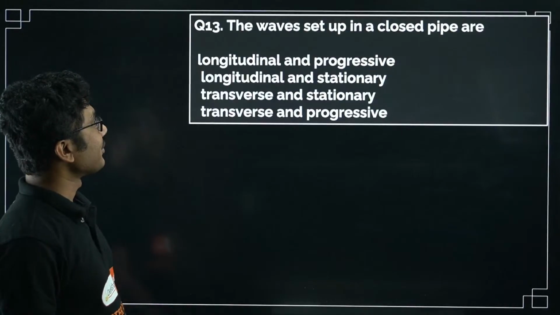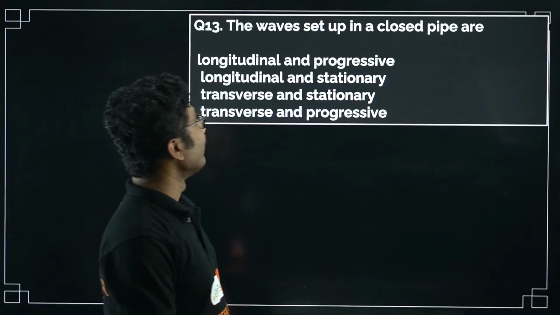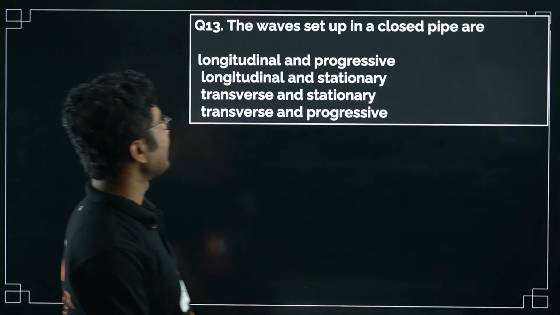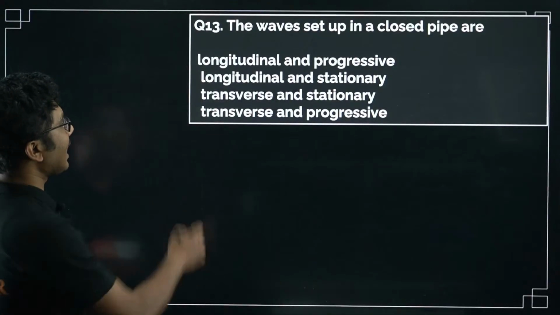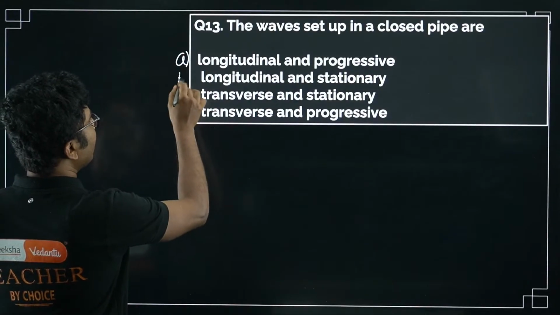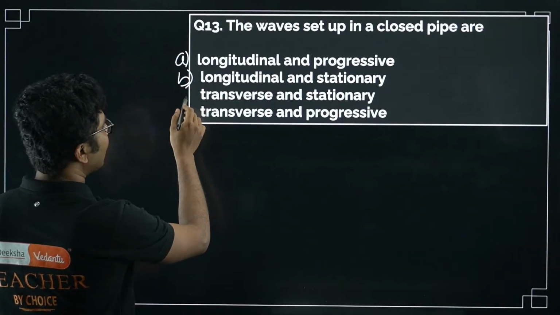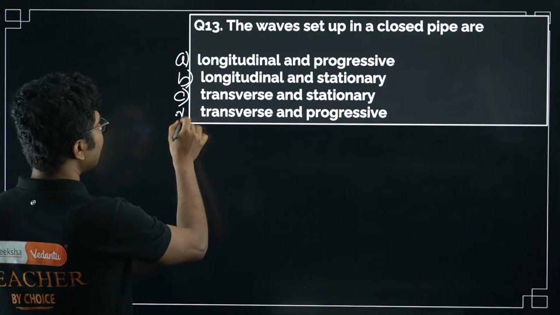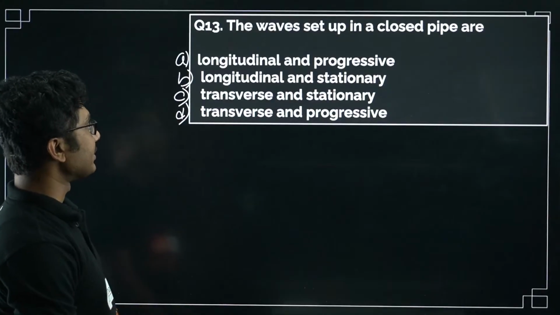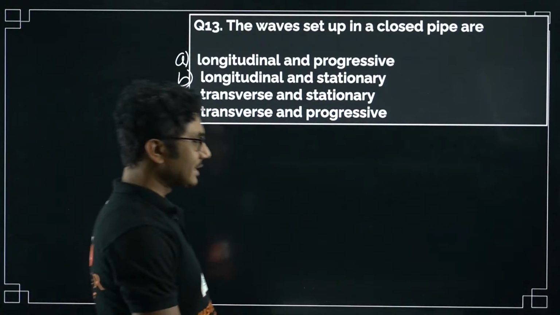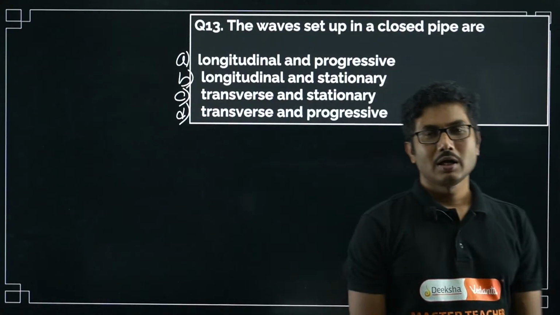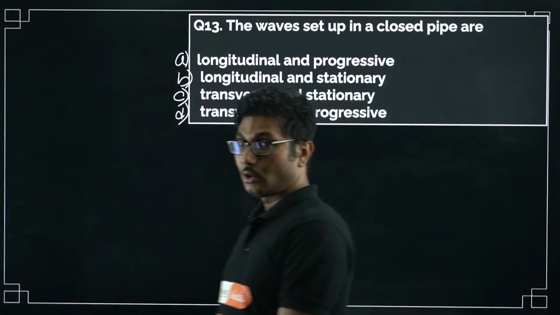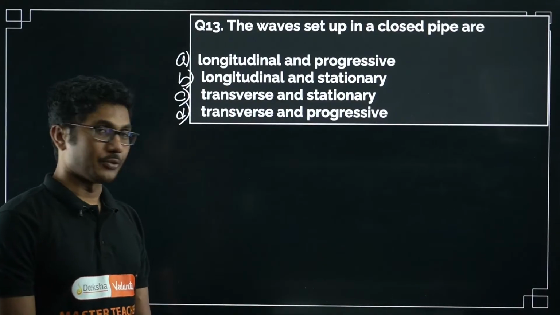Now next question. The waves set up in a closed pipe are: longitudinal and progressive, longitudinal and stationary, transverse and stationary, or transverse and progressive. So you are setting up a wave in a closed pipe using sound.